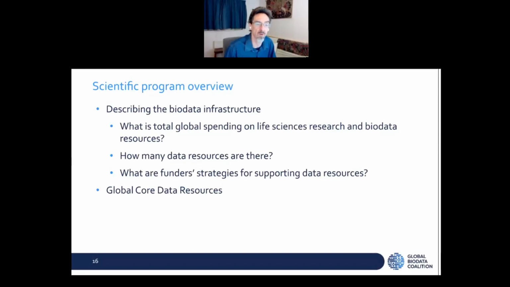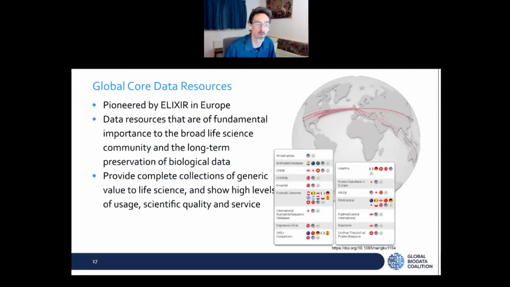And then the other big thing we're doing is identifying global core data resources. So the next few slides describe those. So let's go to the next slide, please. So the concept of core data resources was pioneered by Elixir in Europe. Some of you may be familiar with Elixir, but it's within Europe.